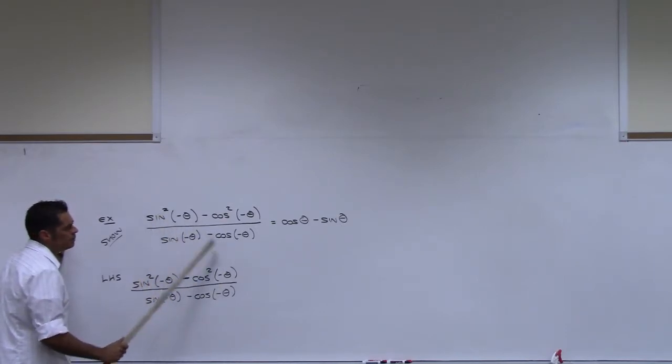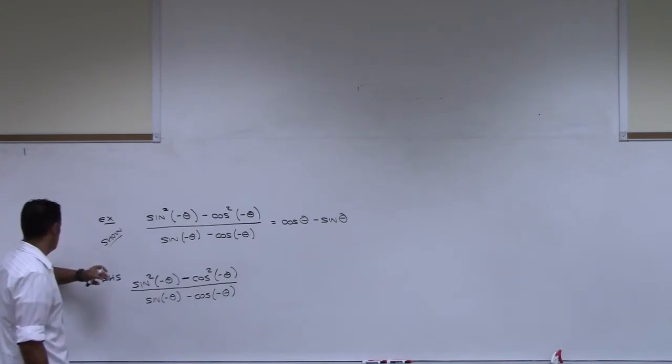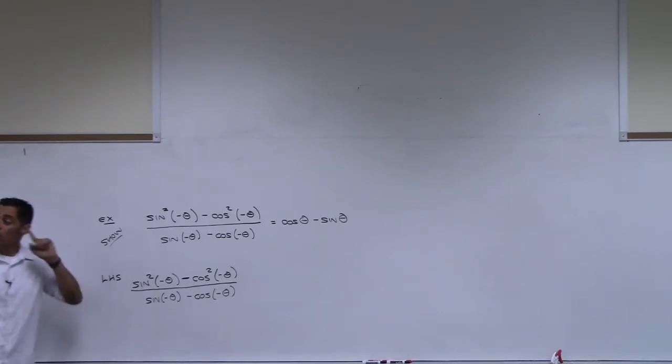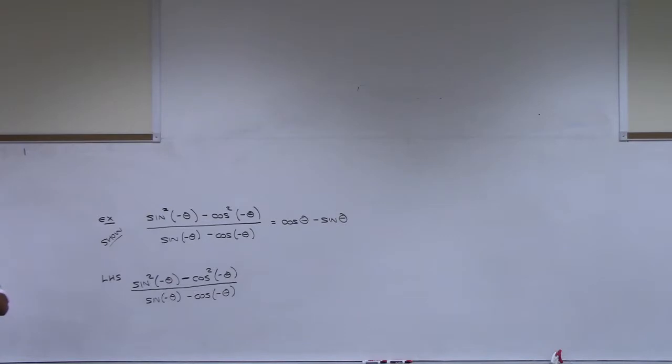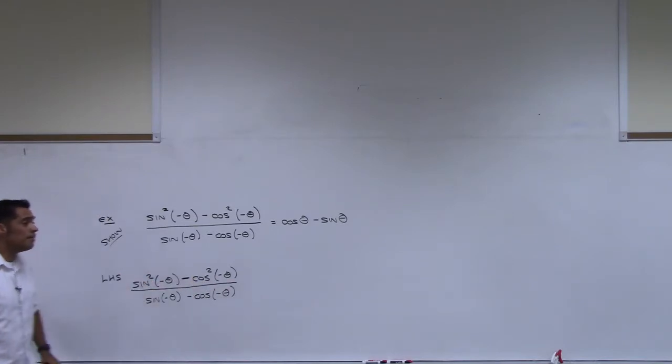What do y'all think? Any ideas? Multiply to the other side? What do you mean? We can't work with the other side. We're working with this expression. That's all we can work with. Left-hand side only, yep.